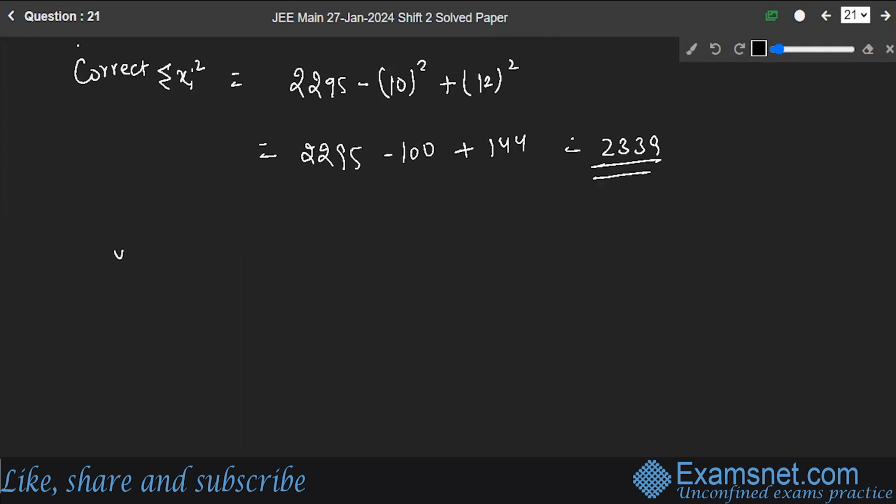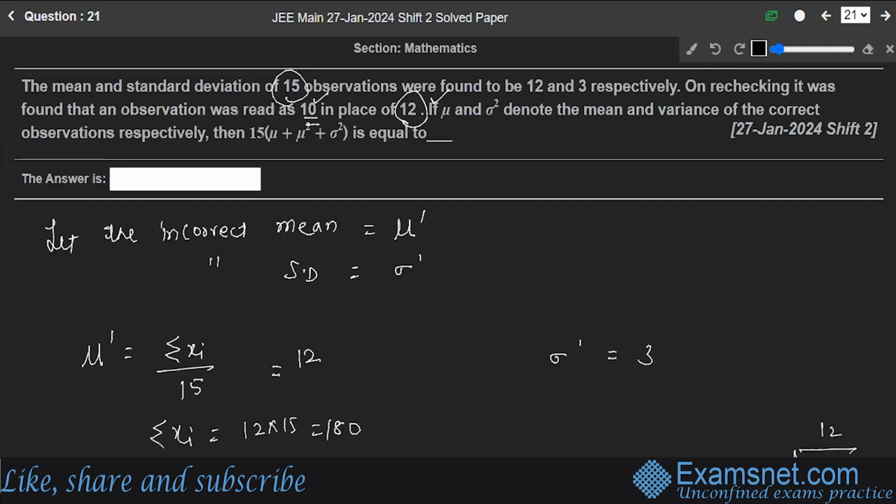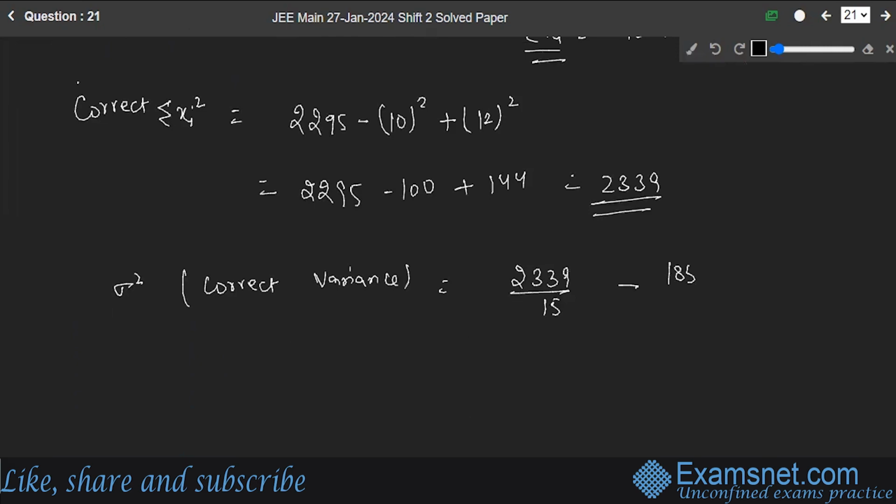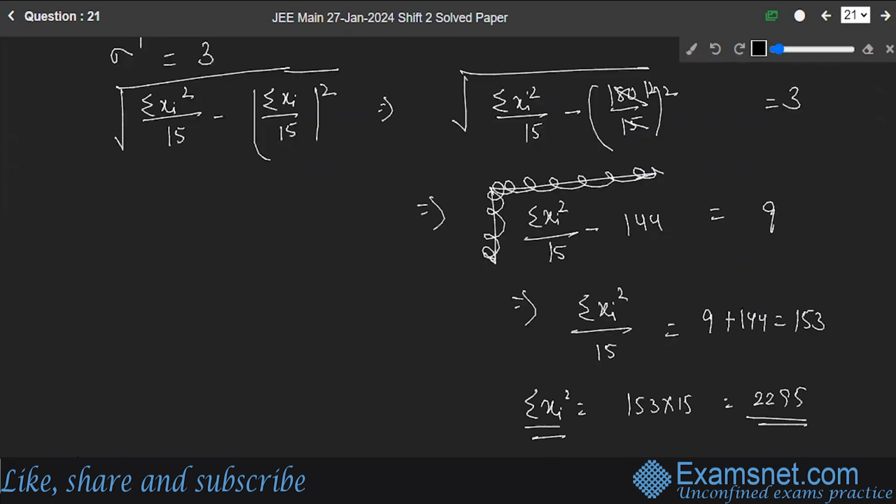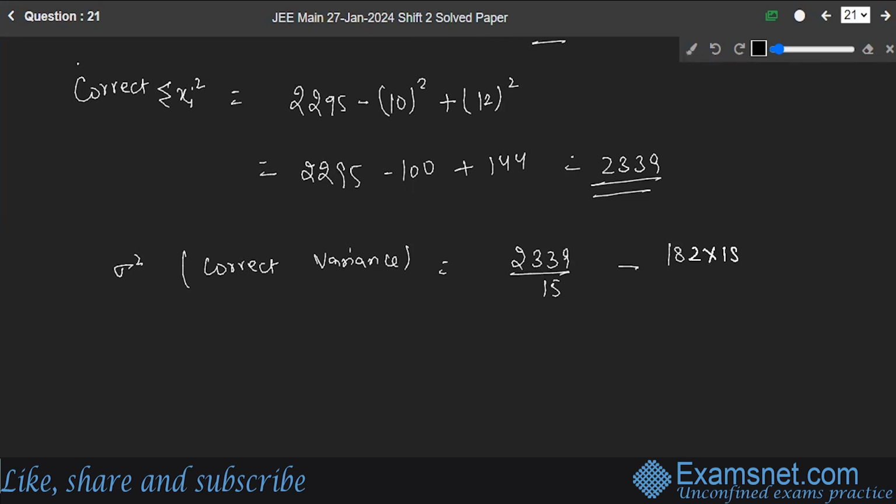So sigma square, which is your correct variance, is given by 2339 upon 15 minus 182 into 182 upon 15 into 15. Hope you remember the formula: summation xi square upon n minus summation xi upon n whole square.